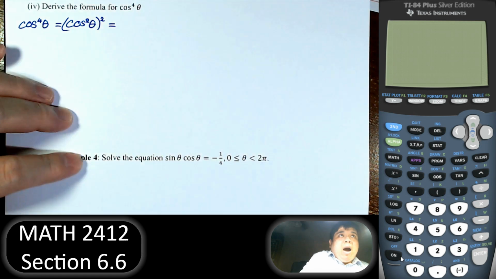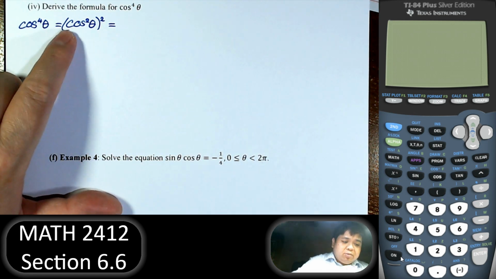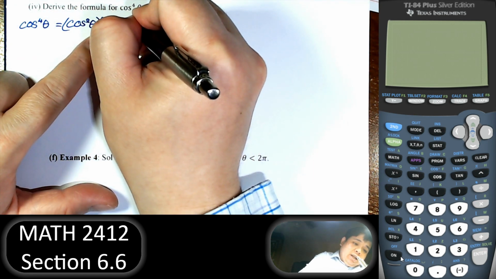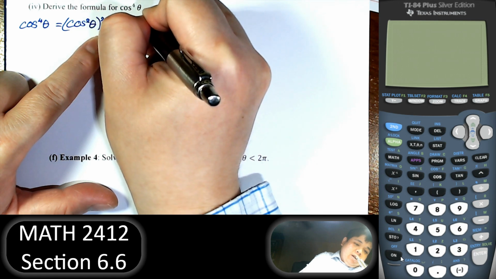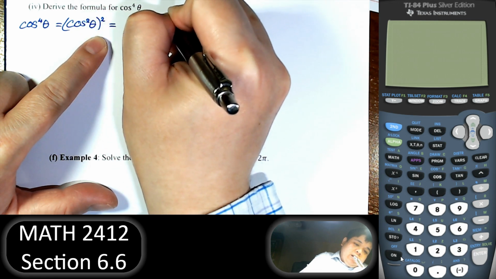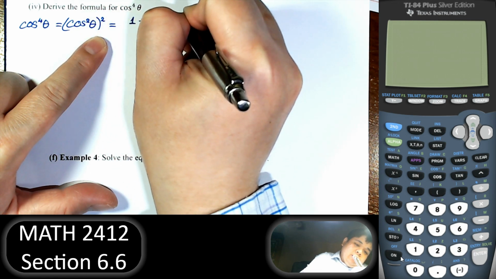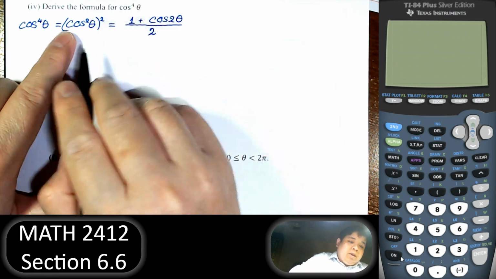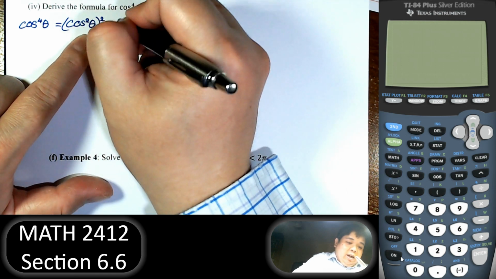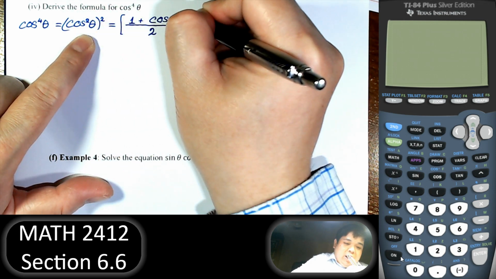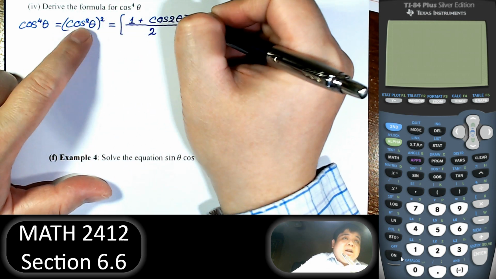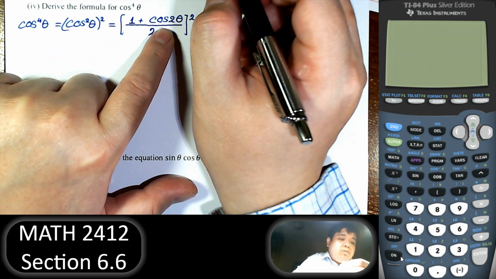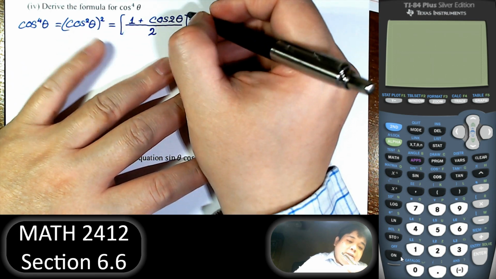And now we use the power reducing. We just have cosine square is 1 plus cosine of 2 theta over 2. The power reducing, and of course, we still have the square on the outside. But the cosine square is 1 plus cosine of 2 theta over 2.